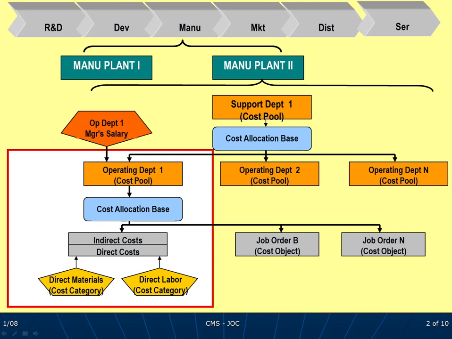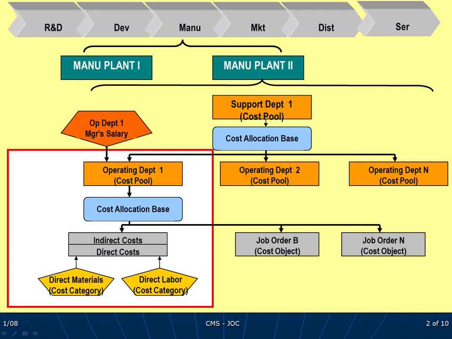And because we're only going to calculate one rate, we can only select one cost allocation base. Now, if I have capital intensive resources, what's the most logical cost allocation base? That would be something like machine hours. If I have labor intensive resources, what's the most logical cost allocation base? That would be something like direct labor hours. However, I can only use one of them.